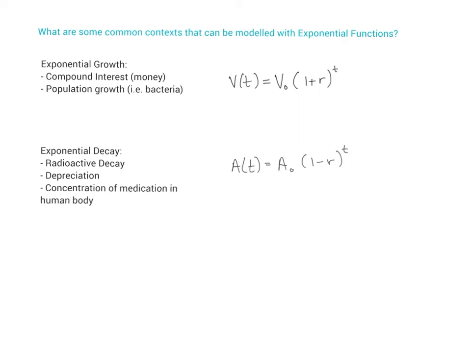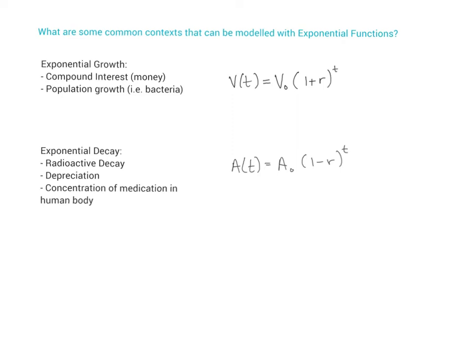That idea of the moment you drive your car off the lot, it's decreasing in value. And also the concentration of medication in the human body. That's one where it really is a combination of functions. It's not directly exponential, but for the purposes here, we'll start using it as that. And by the end of grade 12, you might actually develop a slightly more accurate one for this.